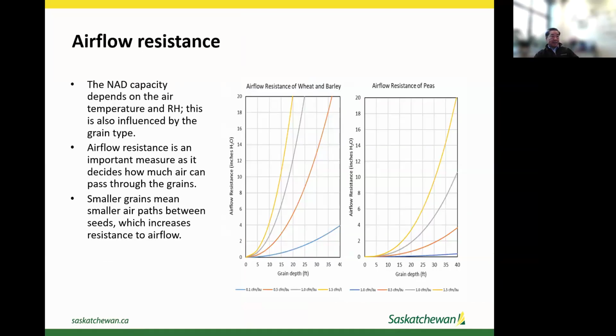Another concept I want to introduce is airflow resistance. The capacity of natural air to dry the grain depends on the air temperature and relative humidity. We all know that as the air temperature gets lower and the relative humidity gets lower, the natural air drying capacity increases.